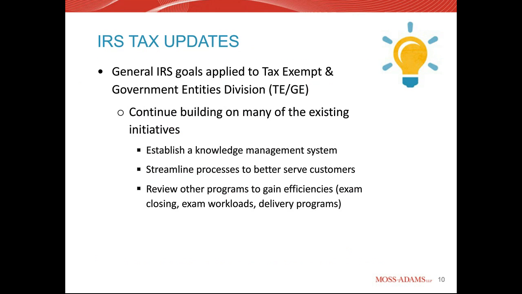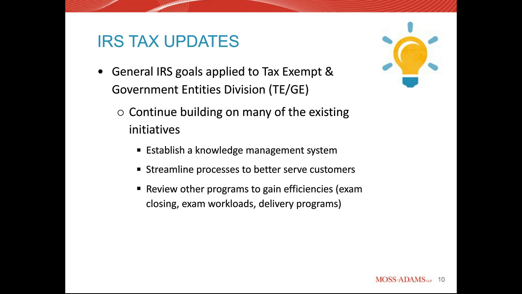So the next few slides are going to be going over the IRS work plan, and this is a plan on a fiscal year, through the year ending June of 2016. What the IRS is doing is they've been working on this for a few years, but it's establishing a knowledge management system, and this is where they're gathering data from the old school people that are leaving.